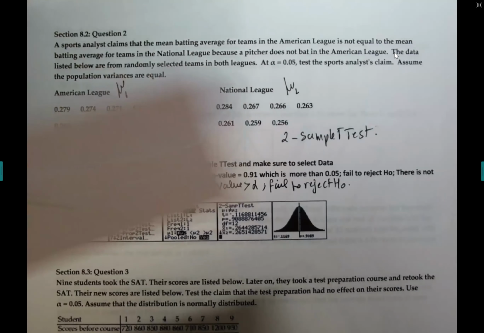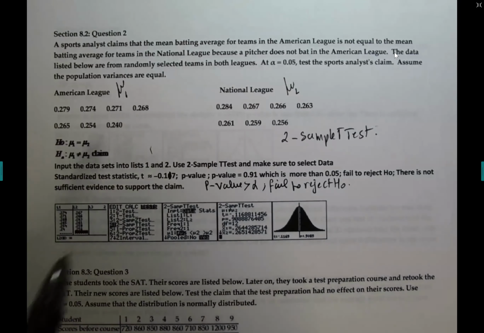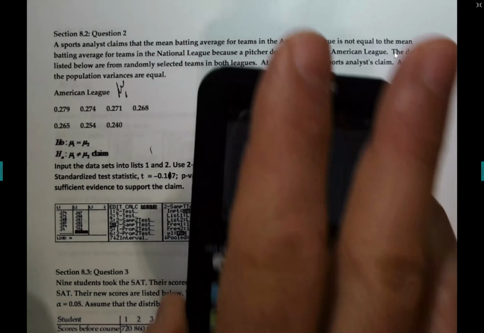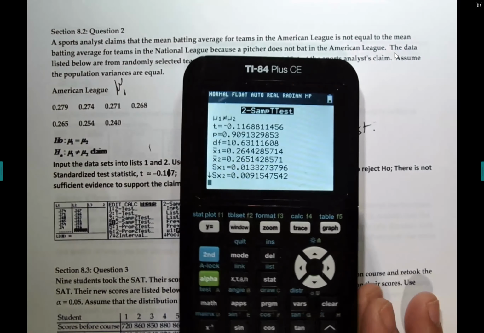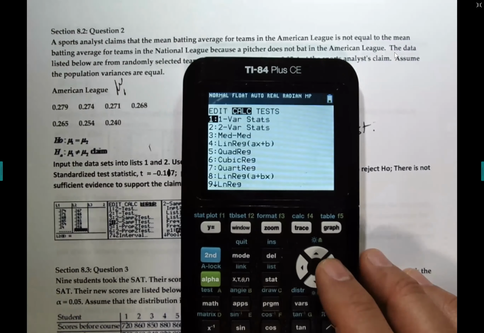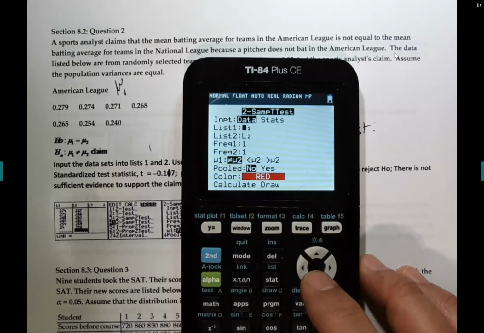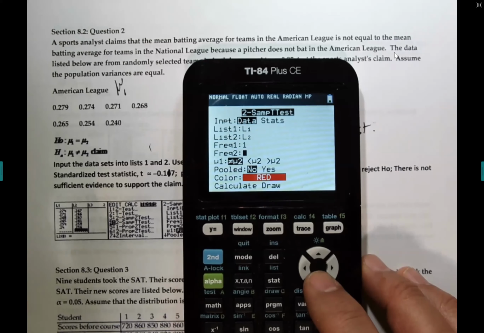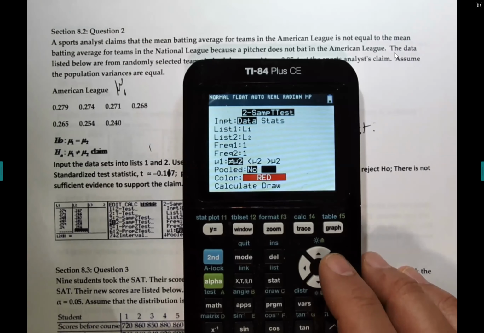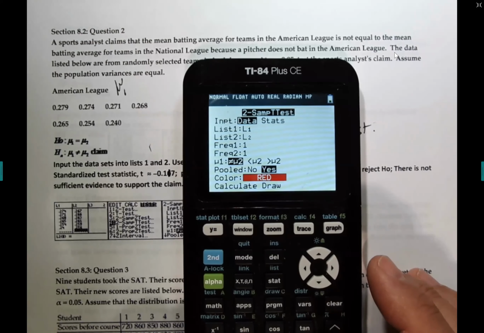And guys, I didn't record the last part. So what we did, we did the 2-sample t-test here. Stat, tests, 2-sample t-test. And then L1, L2, and for the frequencies, don't leave them at 1, 1. And then we chose not equal to. For pooled, because the population variances are equal, we have to select yes.